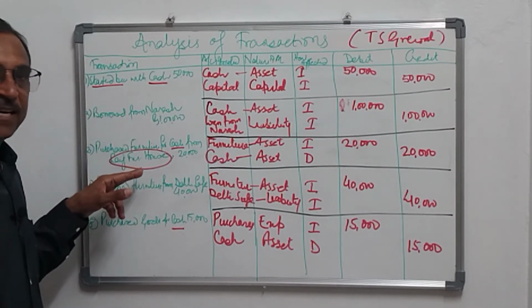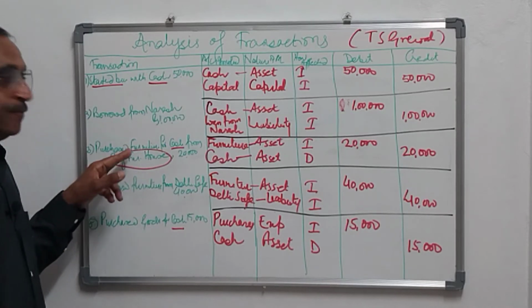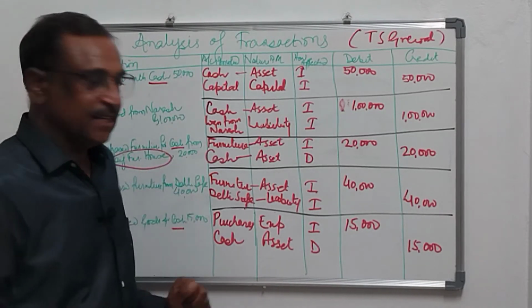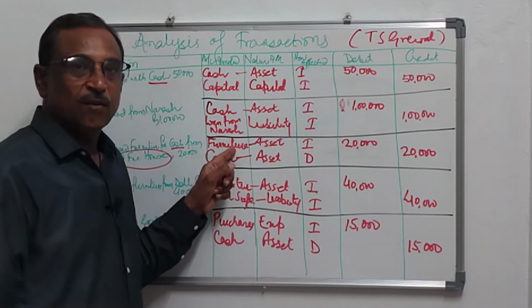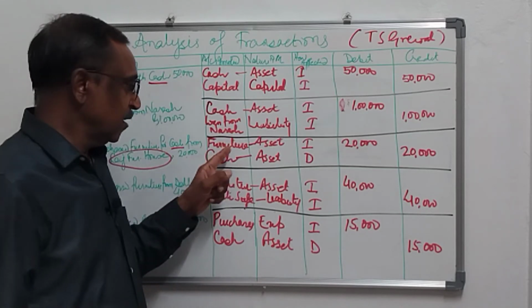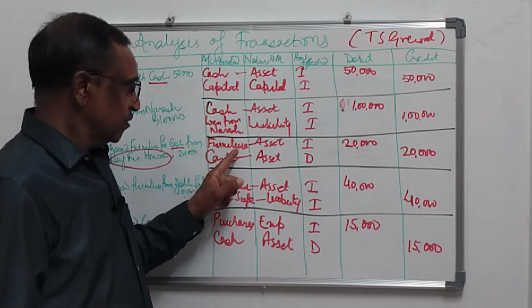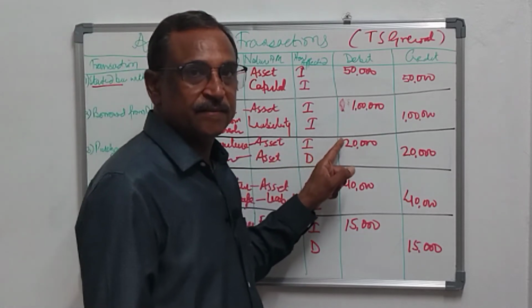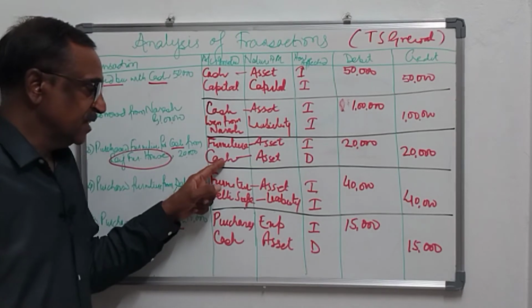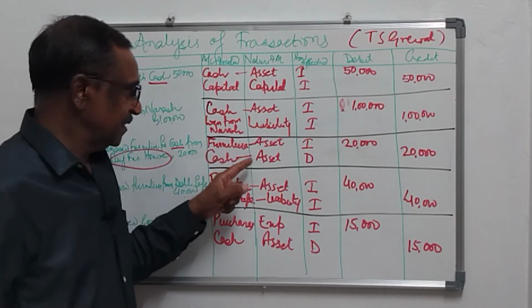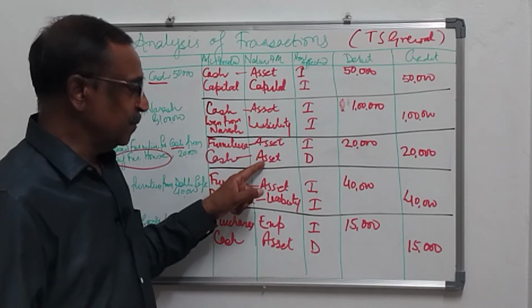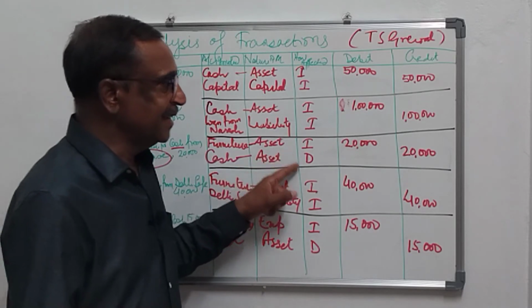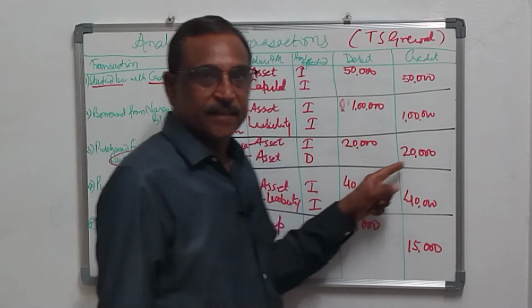In this particular case, we are getting furniture against payment of cash. So other account involved is cash. Other account is furniture. So furniture being asset, it is increasing, hence it will be debited. And cash, you are paying cash out of the business resources, so cash being asset is decreasing, and decrease in asset is credited. Clear?